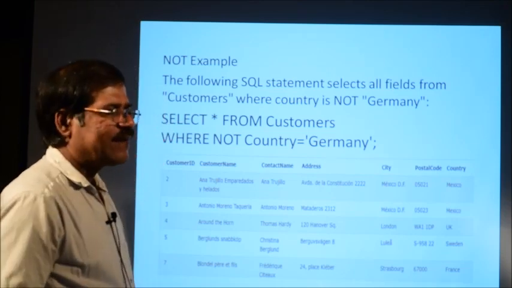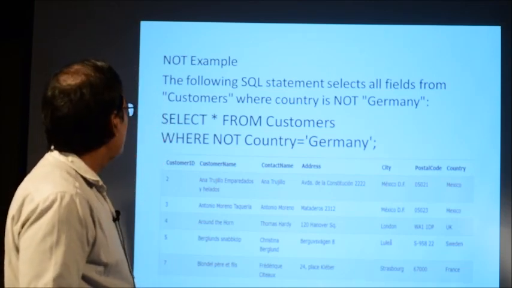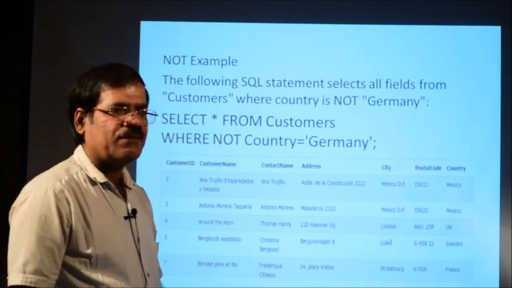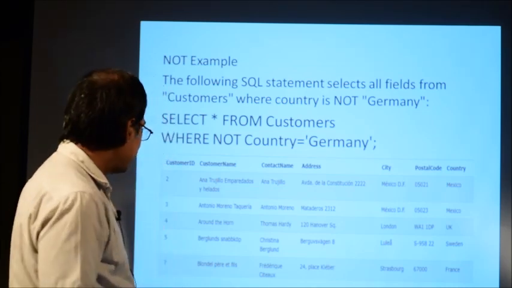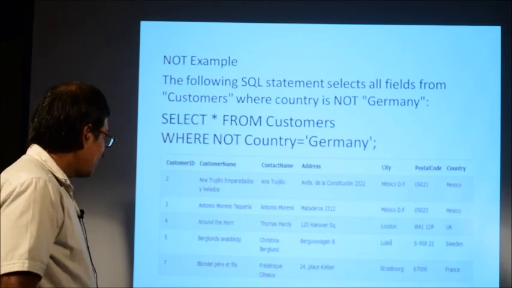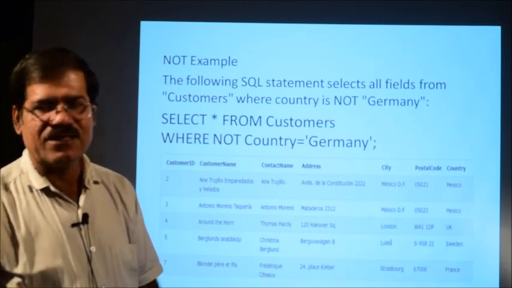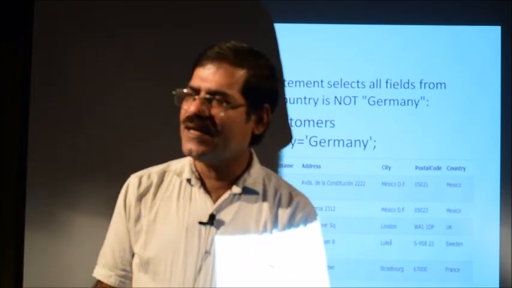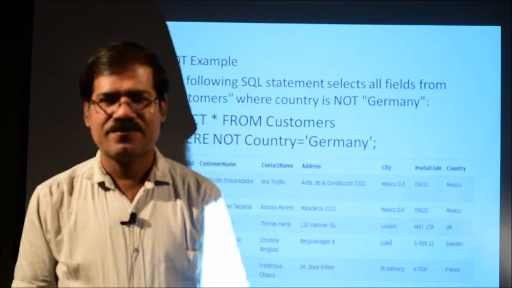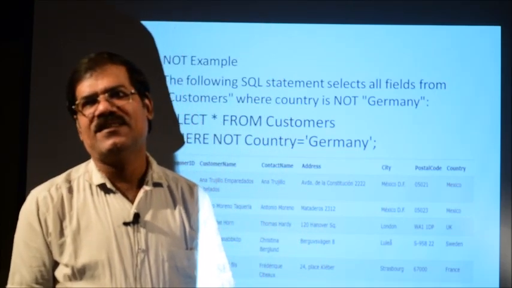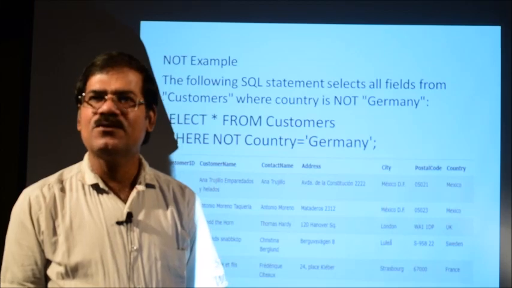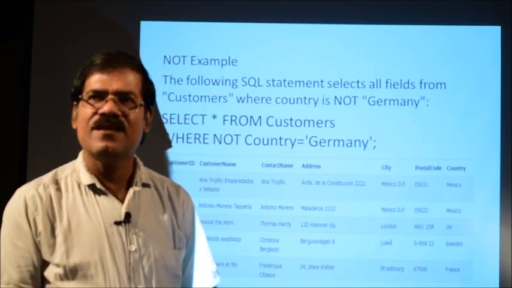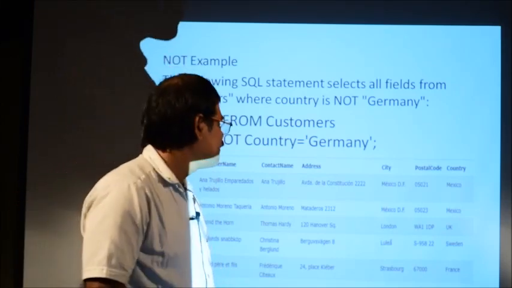Star means all fields are required from the customers table. Select star from customers where not country Germany means the country name should not be Germany, that means other than Germany. The customers who belong to countries other than Germany, those records are required.